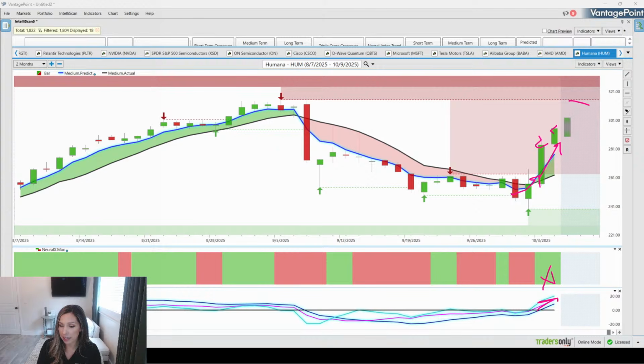And you can really find and customize the type of opportunities that you are looking for as a trader as well. So again, regardless of what area you're looking at in the market, whether you're looking for big breakouts or nice slower moving reversals, you can use the IntelliScan to do that.